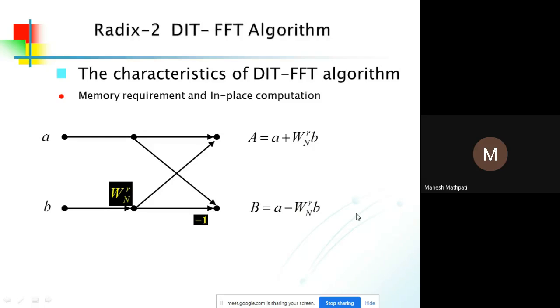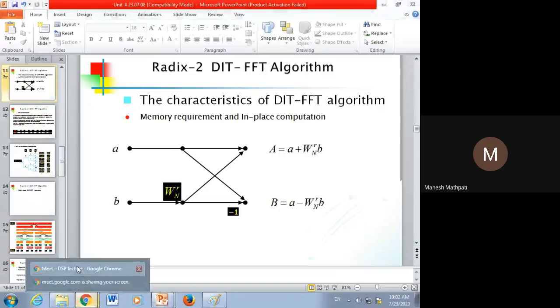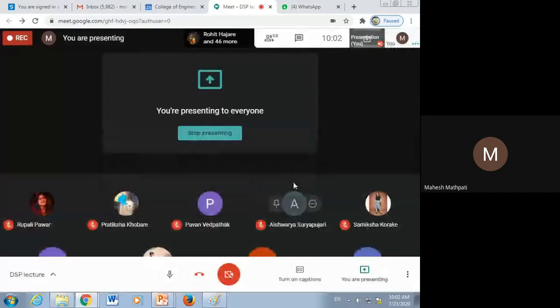Next line you write: memory location for one butterfly is equal to 2 into 2, which equals 4. Just underline it. Make this complete line with the underline.